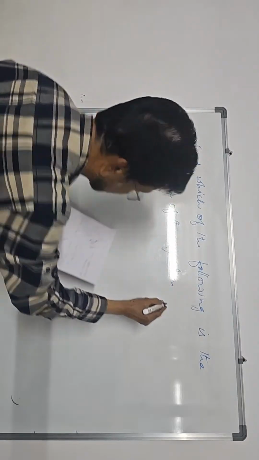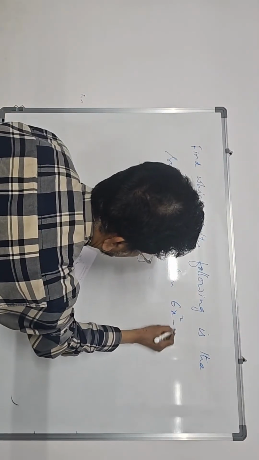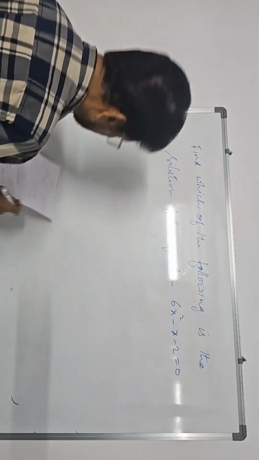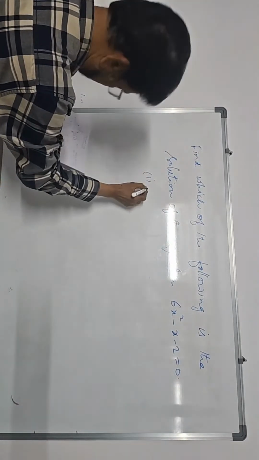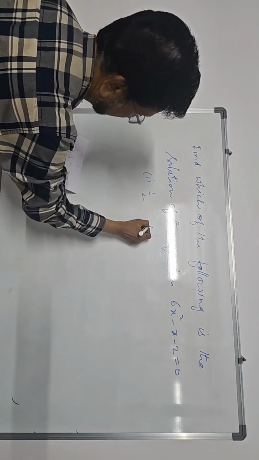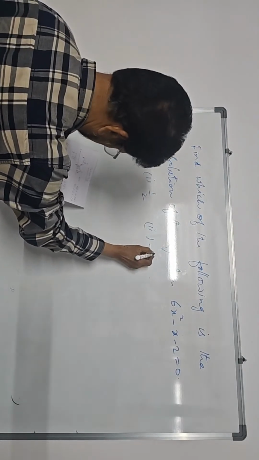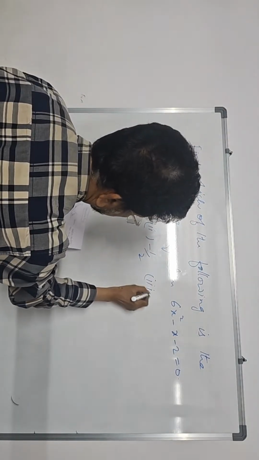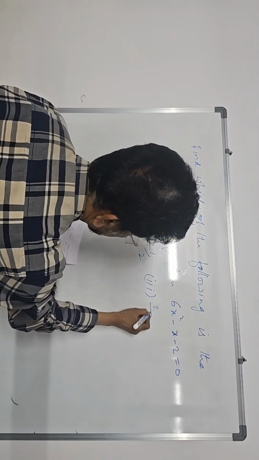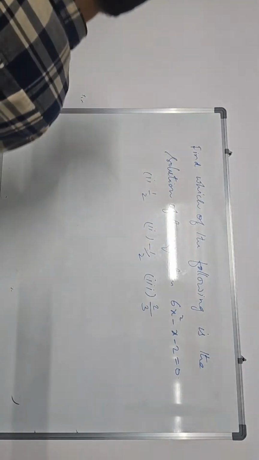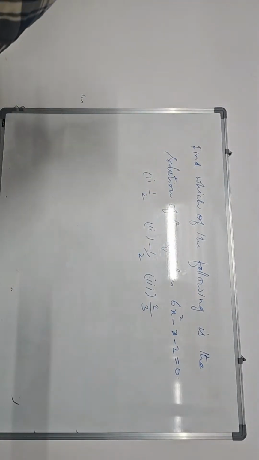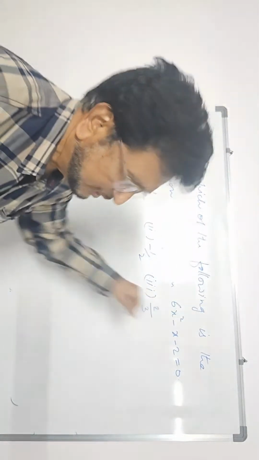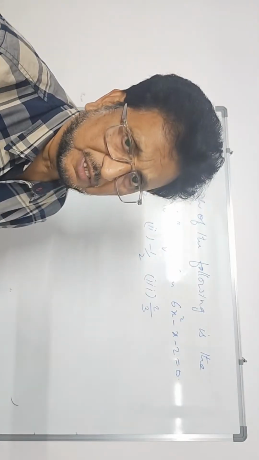What is the equation? 6x square minus x minus 2 is equal to 0. Answers are given. One is 1 by 2. Second answer is minus 1 by 2. Third answer is 2 by 3. Yes. First, this is a quadratic equation which has two solutions.